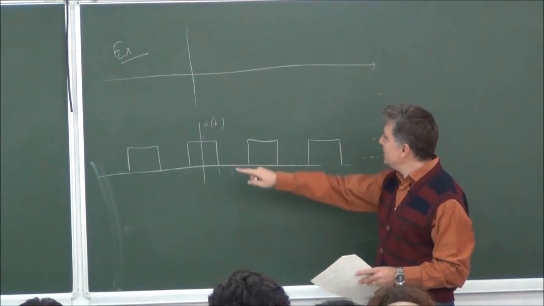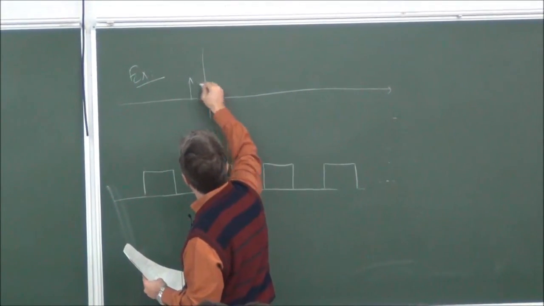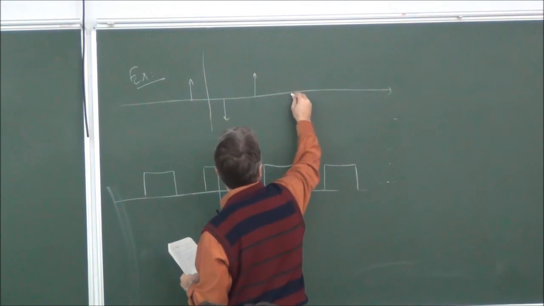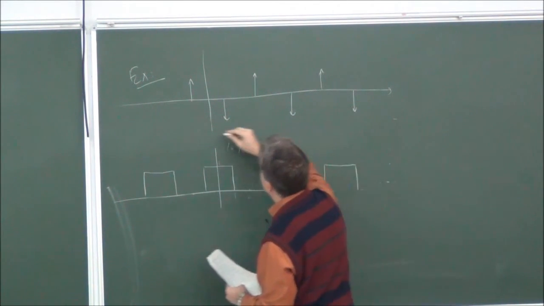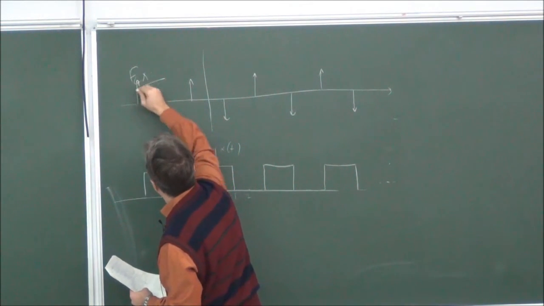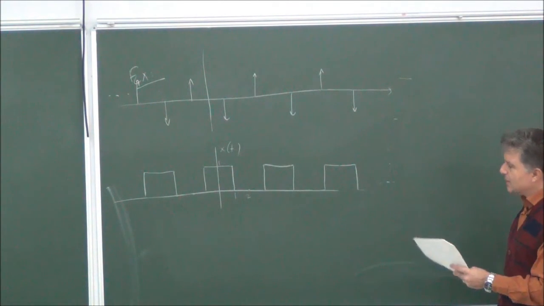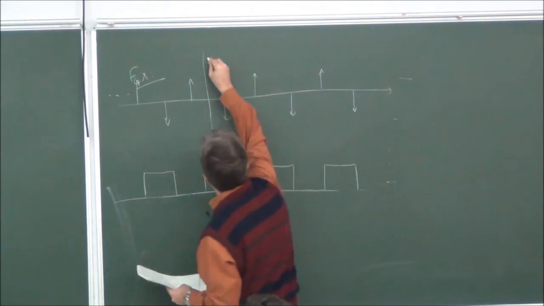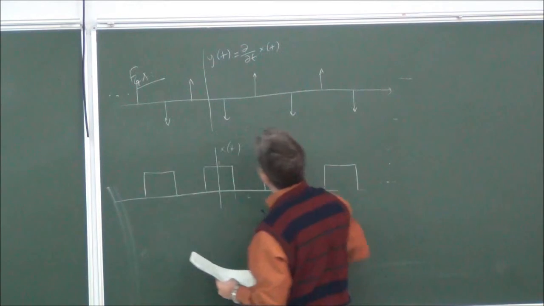So the derivative of this signal can be drawn as something like this. And it's extending. Look at the time and you will notice that it is periodic, and it indeed corresponds to the time derivative of x of t.